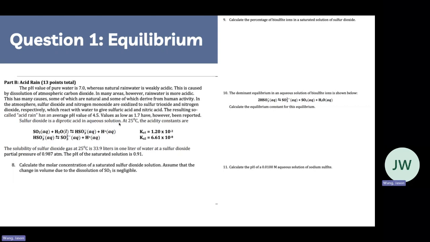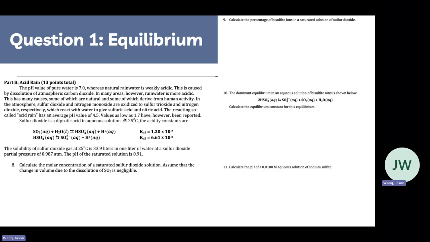In aqueous solution, at 25 degrees Celsius, the acidity constants are as follows. It also tells you the solubility of SO2 gas at 25 degrees Celsius is 33.9 liters in 1 liter of water at a sulfur dioxide partial pressure of 0.987 atmospheres.